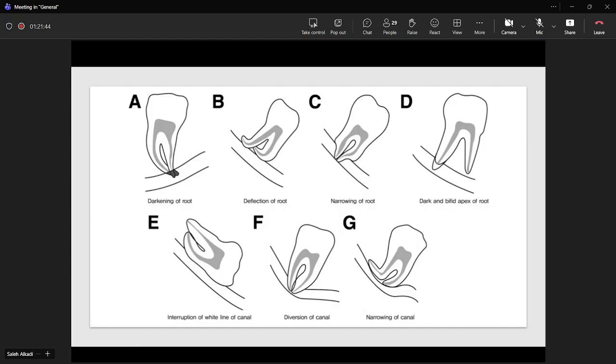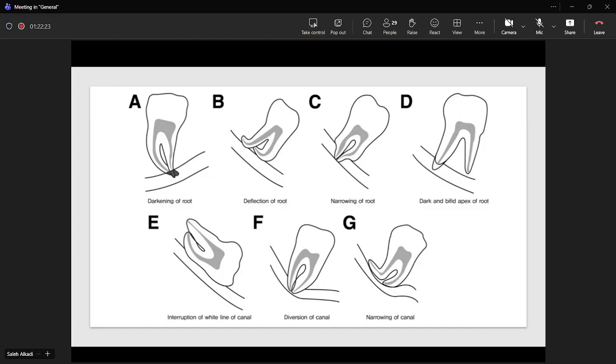However, once CBCT started to be used commonly in research and clinical practice, they found that only 3 signs from these 7 have positive predictive value for inferior alveolar nerve injury after third molar surgery. These signs are the darkening of the roots, deflection of the roots, and diversion of the canal, while the other signs had low positive predictive value.